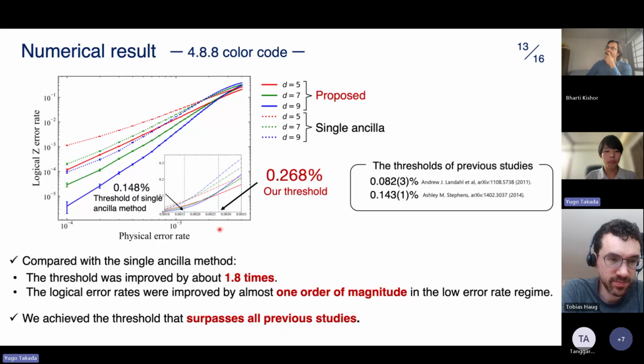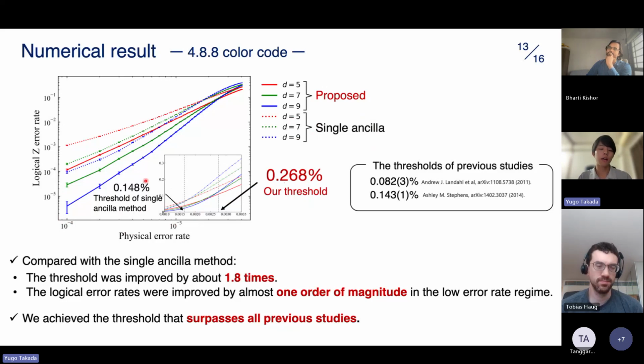The horizontal axis is the physical error rate, and the vertical axis is the logical error rate. The threshold we obtained is around 0.27%, while the threshold for the single ancilla method is 0.15%. So our method achieves a threshold that is around 1.8 times higher than the conventional method.